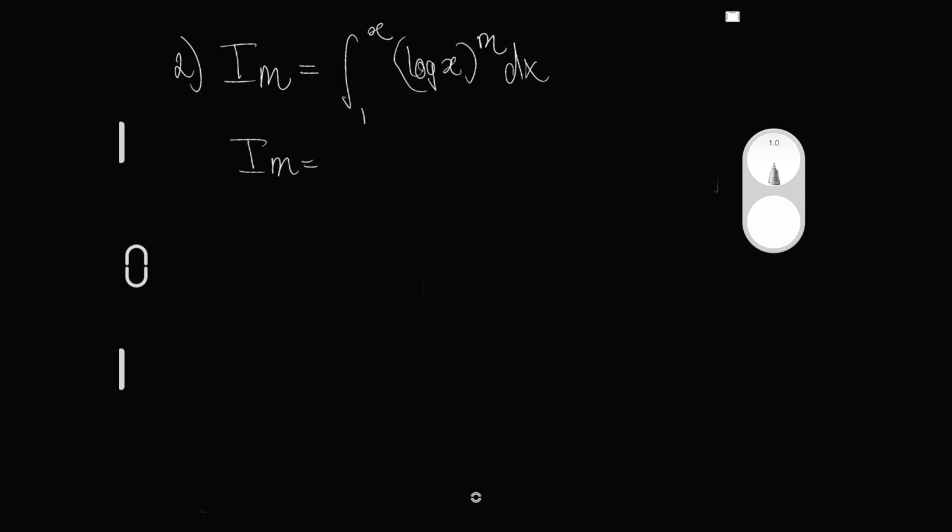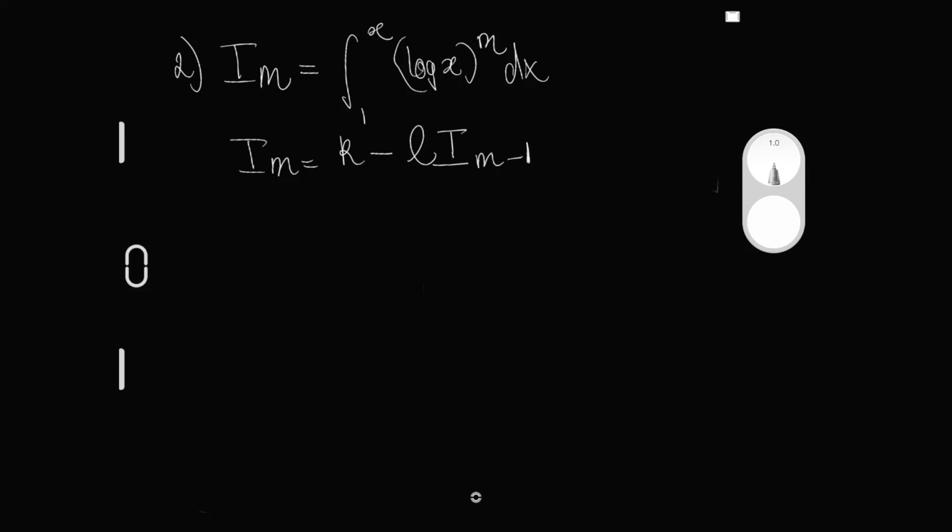Let's take one more JEE problem. So the question is, suppose I of m is equal to the integral from 1 to e of (log x) raised to m dx, satisfies the relation I m is equal to k minus L into I of m minus 1.